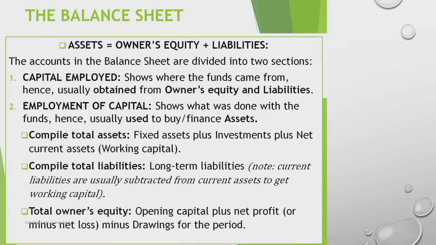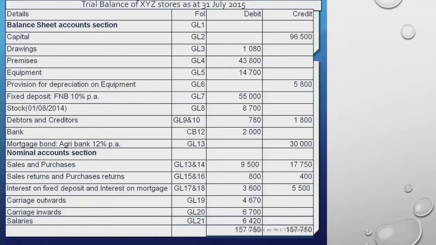Employment of capital shows what was done with the funds, hence used to finance assets. It comprises total assets: fixed assets plus investments plus net current assets, working capital. Total liabilities include long-term liabilities. Total owner's equity is opening capital plus net profit or minus the net drawings for the period.